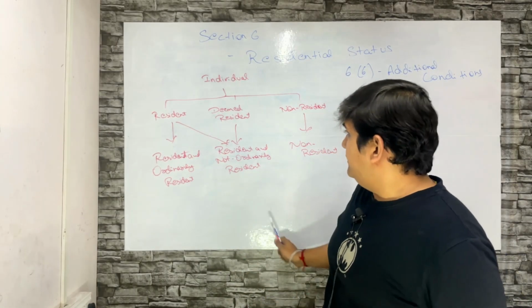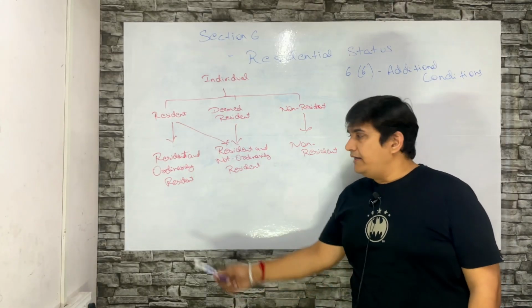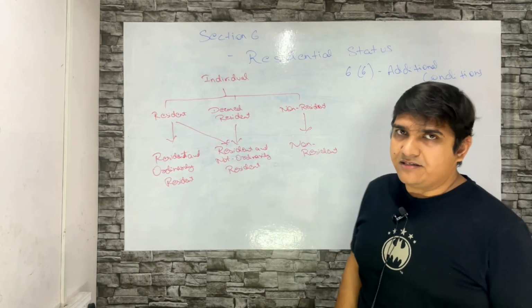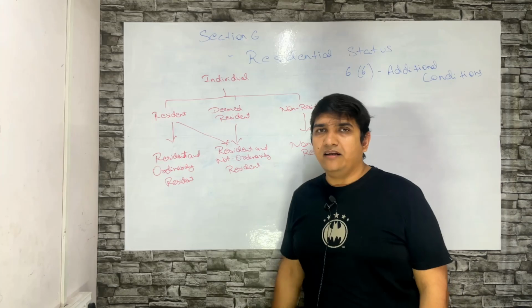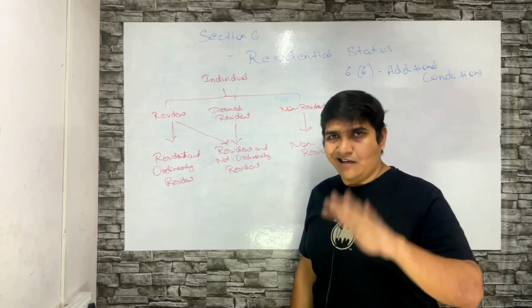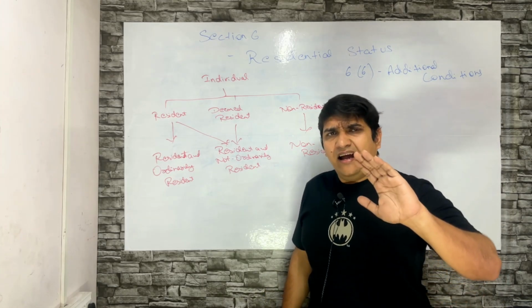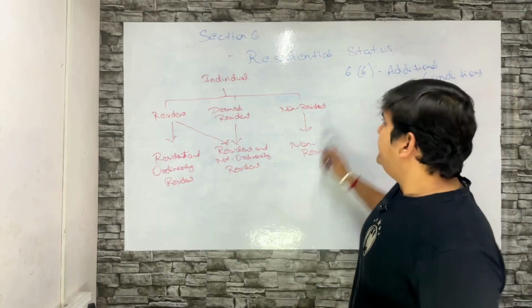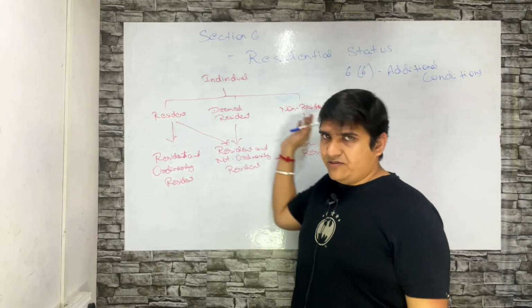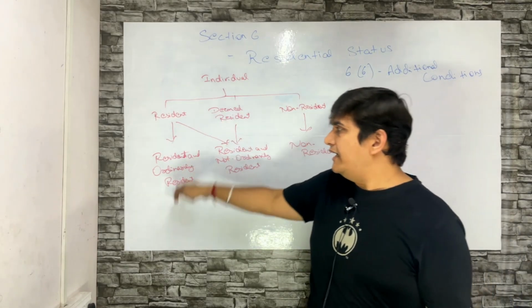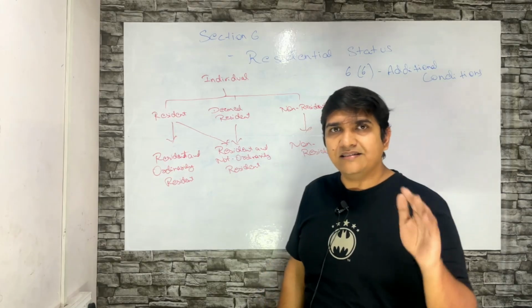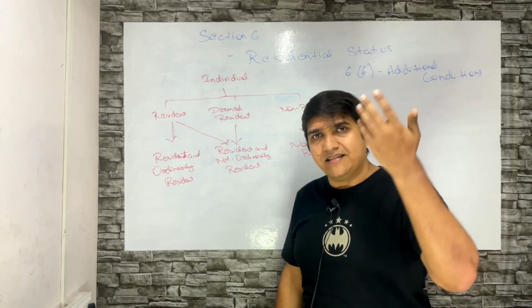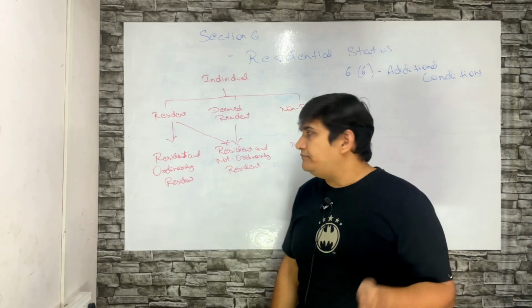Resident and ordinarily resident is a person who is a resident in India and satisfies all the additional conditions. That is, ordinarily that person resides in India only, right?